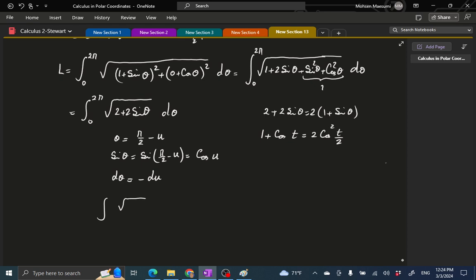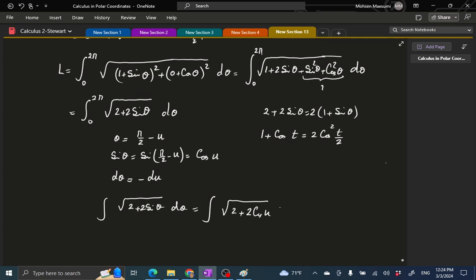I have the integral of radical 2 plus 2 sine of theta d theta. This becomes the integral of 2 plus 2 cosine of u. Sine theta becomes cosine of u.